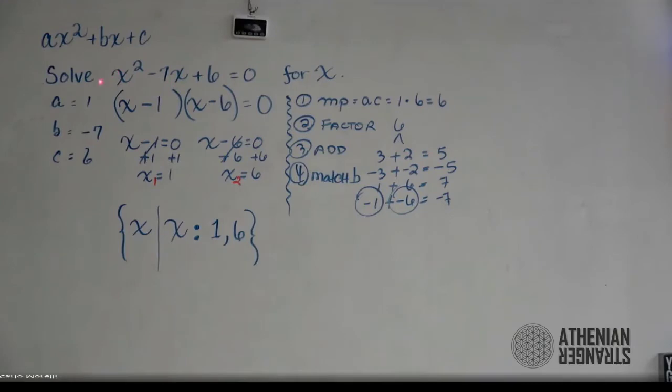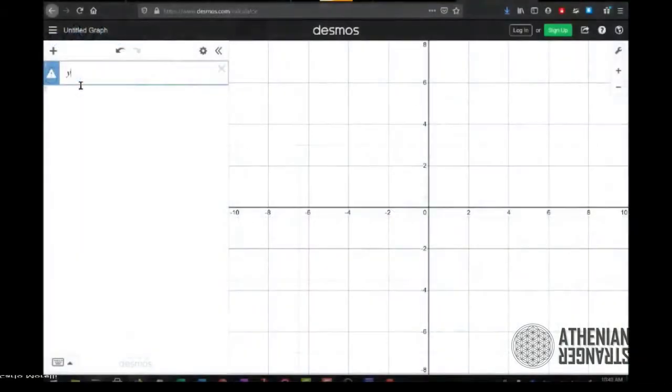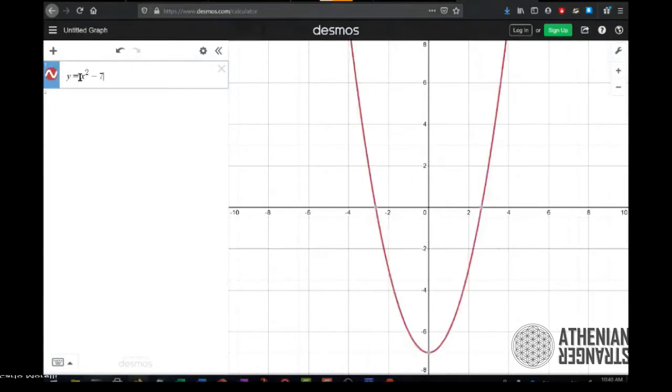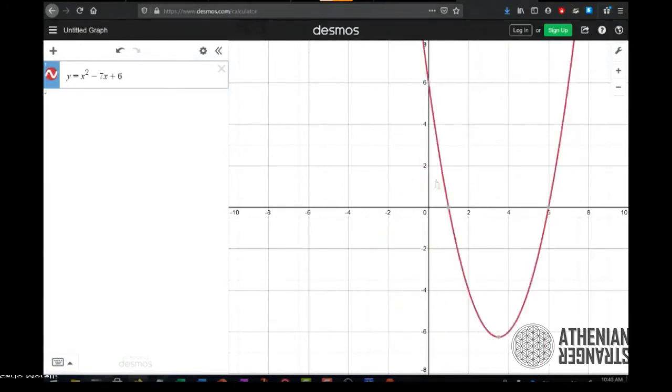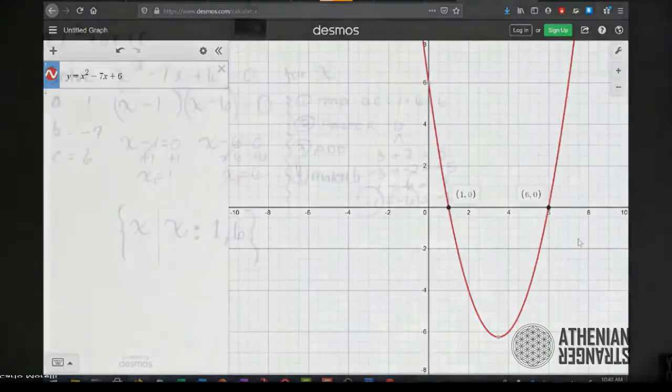We're going to write y equals x squared minus 7x plus 6. Back to Desmos, y equals x squared minus 7x plus 6. And let's go check to make sure that we got the right solutions. Did we? Yes, we did.